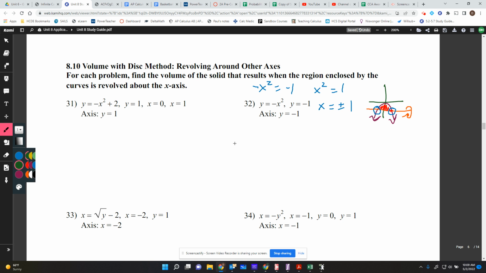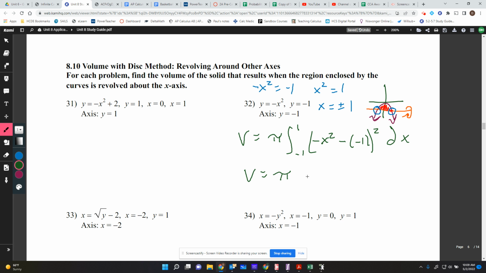So that tells us to integrate from -1 to 1, and we're going to do our negative x squared, the top one, minus the bottom one, so that's minus -1, all of that squared dx. And again, I'll simplify it. You don't have to, but I like to.